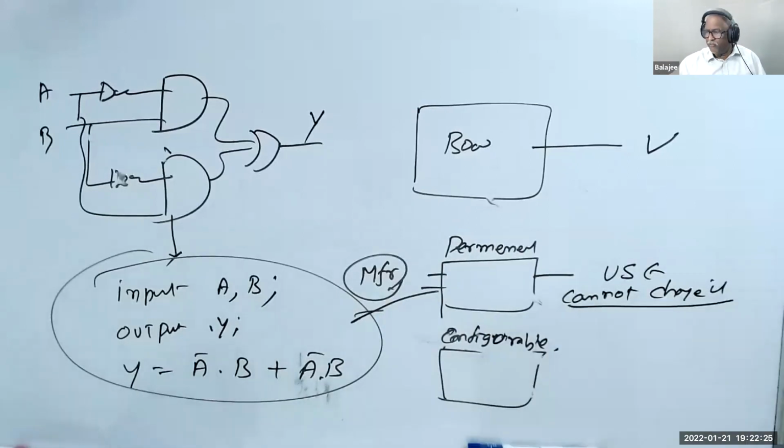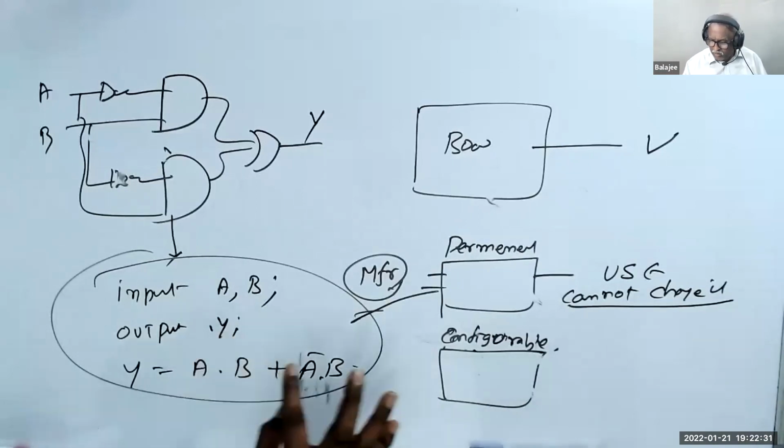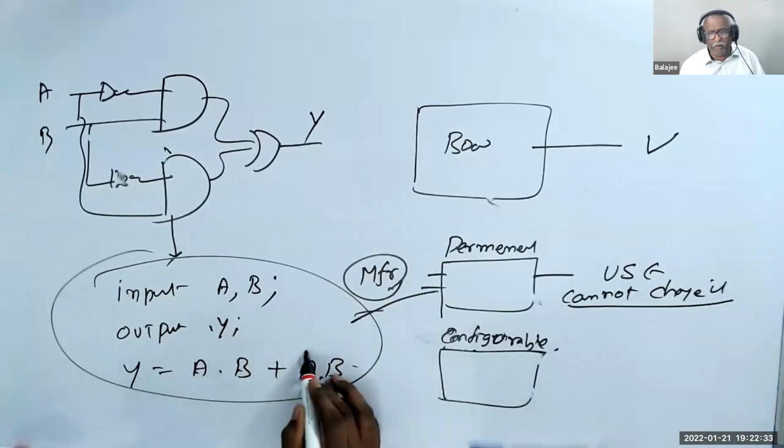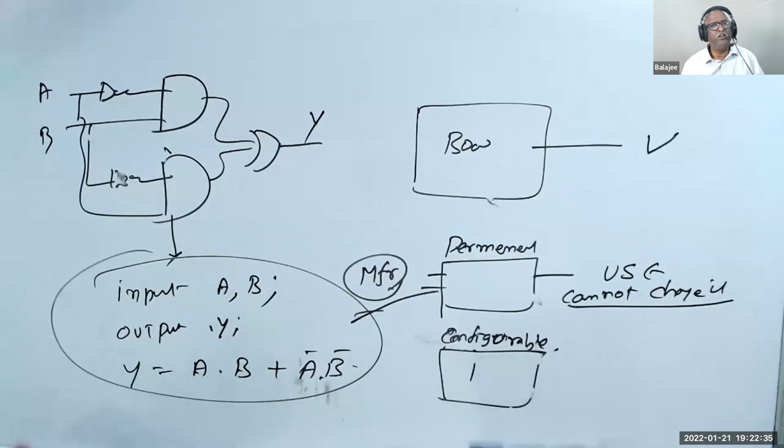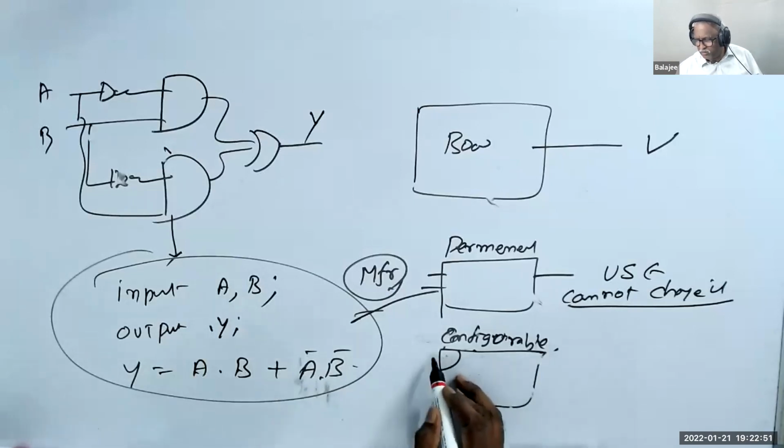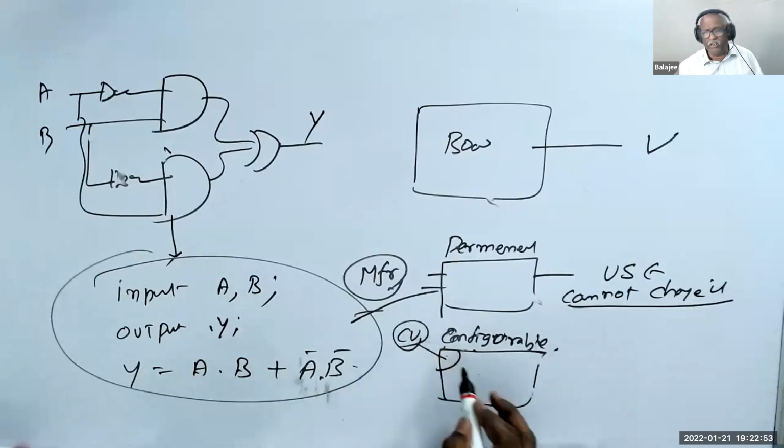But whereas what is a configurable IC is, you can change. For example, you change the equation, A into B and A bar, B bar, the connection will change. You can keep this at your home or lab, and keep on changing the connection. But you don't need a technician to change the connection. The connections are done by the configurable unit internally.